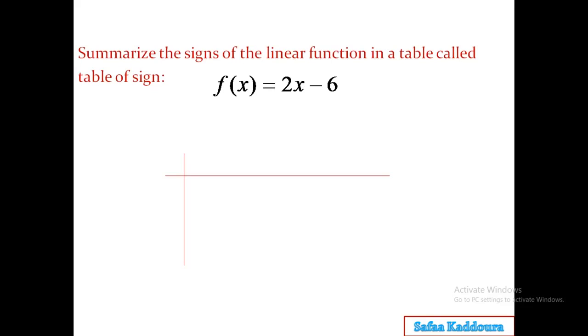So will I find the value of f of x for each x? There are too many values of x. So we will summarize all of them in a table. First, this is the function. First of all, we want to find the root.